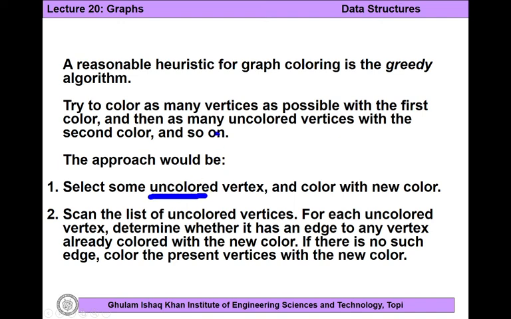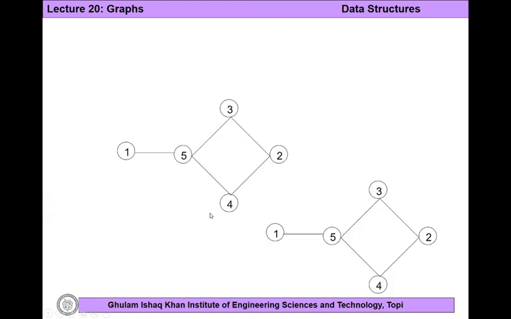For example, here we pick this blue color, and we color this node. We go to the next node and see, can we color this blue here? No, we cannot. So we go to the next node and see that okay, we can assign this blue color here.